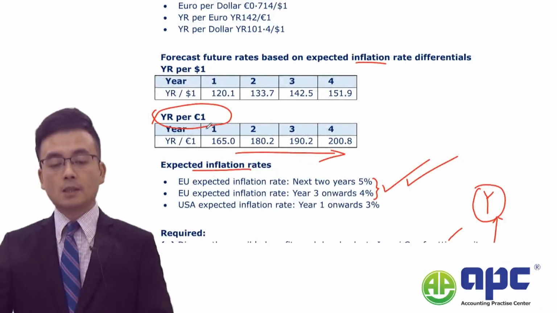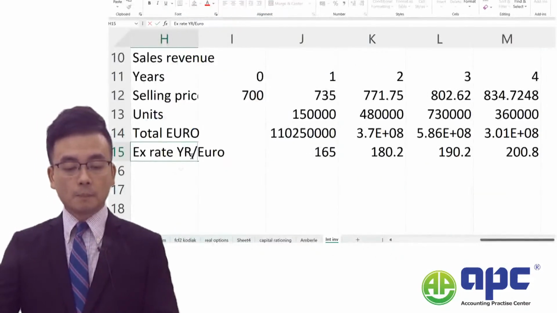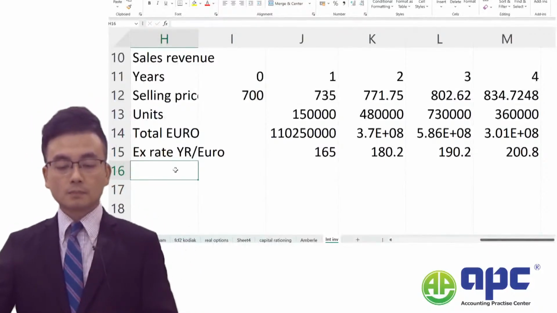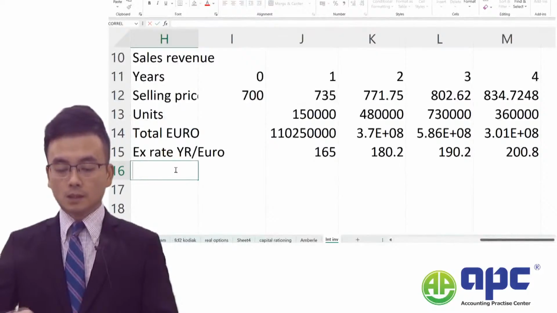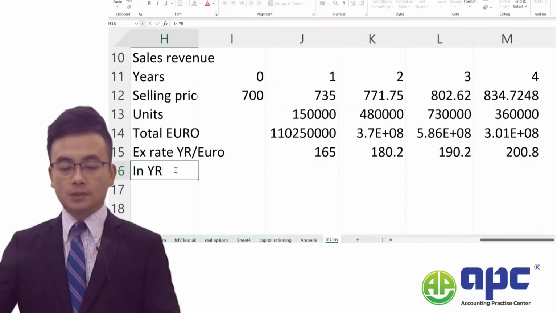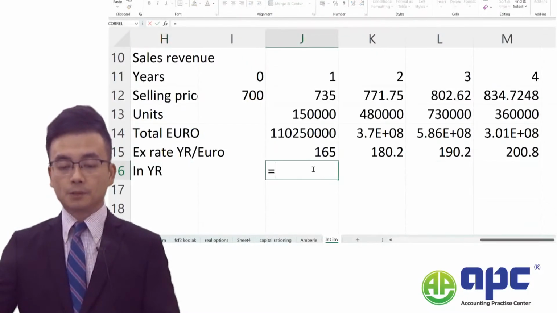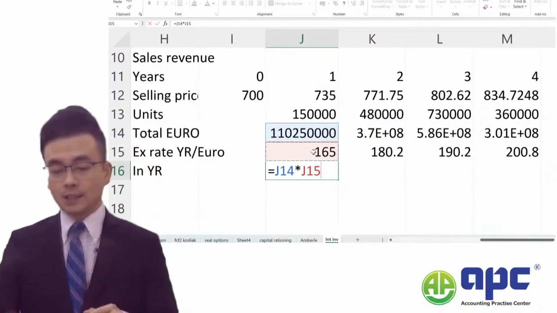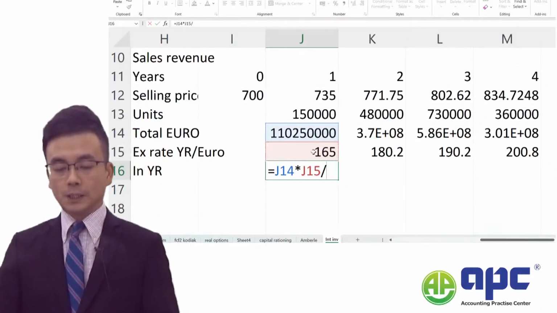Per 1 euro, it can exchange 165 YR. So in YR we're simply multiplying them all together. This times that, the figure is huge, and that's why I would like to divide by 1 million.